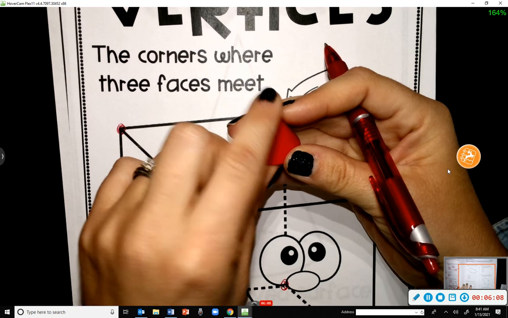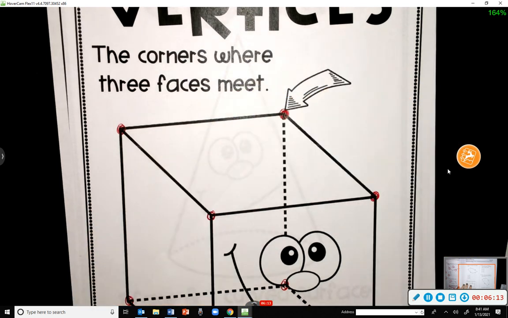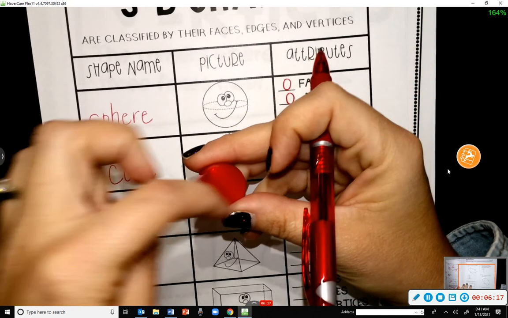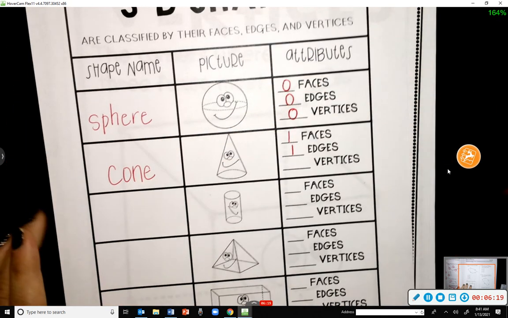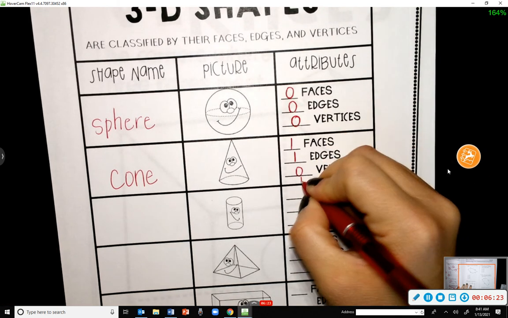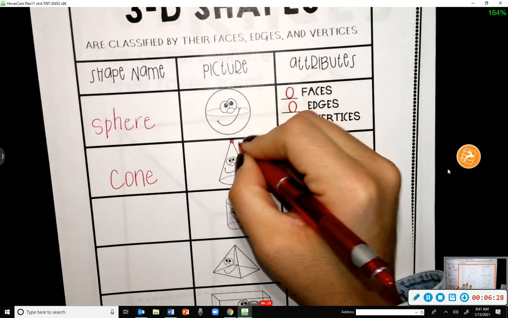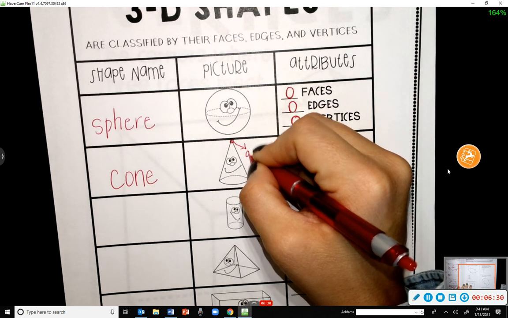Okay, so we actually call this a special name that's called an apex. Apex is kind of like where the curved surface makes a point. Okay, so we say 0 vertices, but it has 1 apex, and that's at the very top. Okay, not a vertice, an apex.